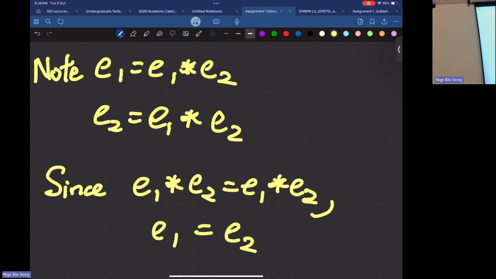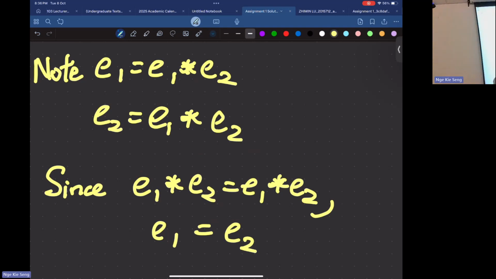Now you are in the transition from calculation to argument. When you do argument, we care about connectivity between phrases or statements. You need to tell me why, since this, then this. Why does it make sense?